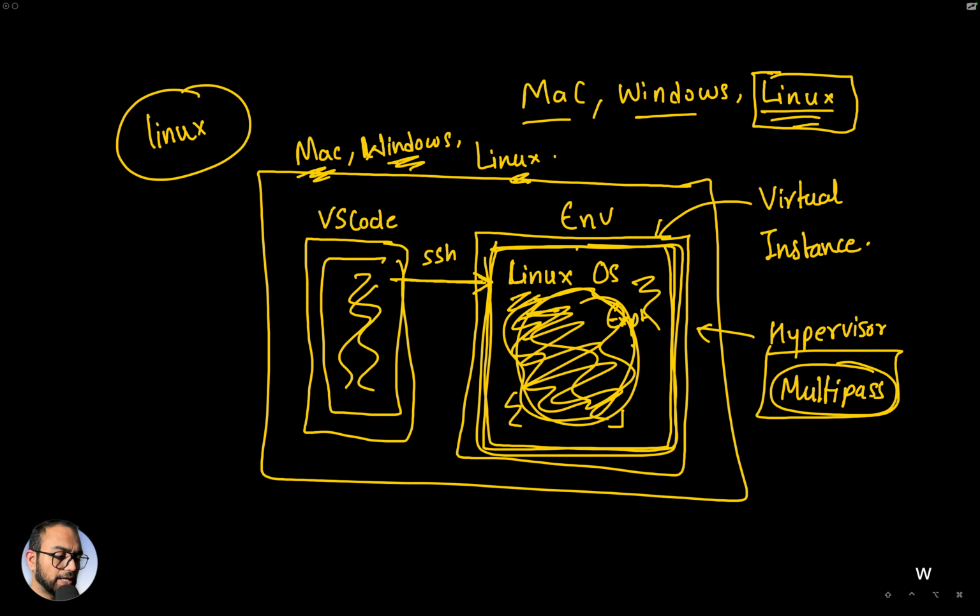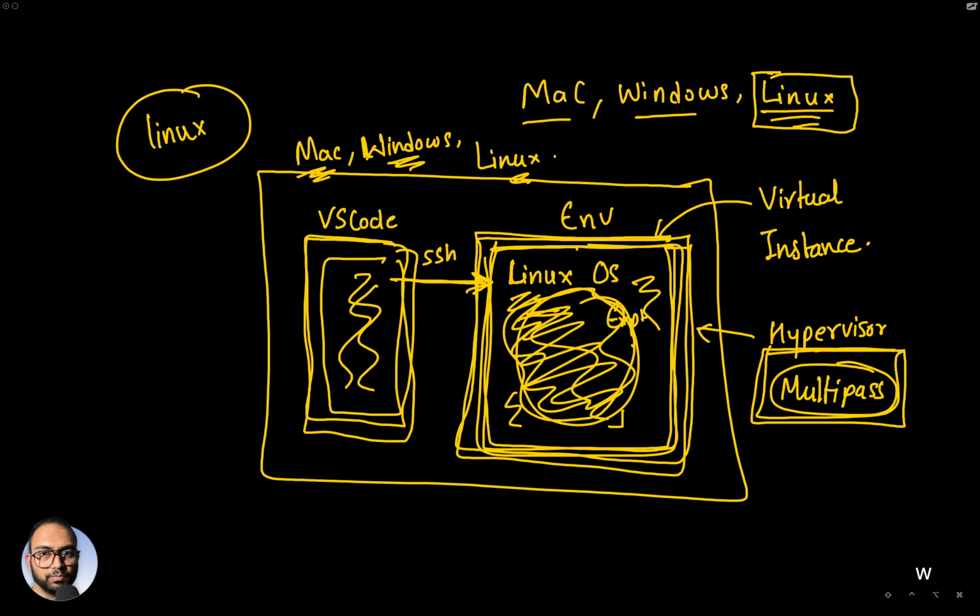So what I propose you imagine going forward is that we are going to develop code within a Linux operating system environment, and we are going to connect to that over VS Code, and the Linux environment itself is running on top of, or is managed by, a hypervisor called Multipass.